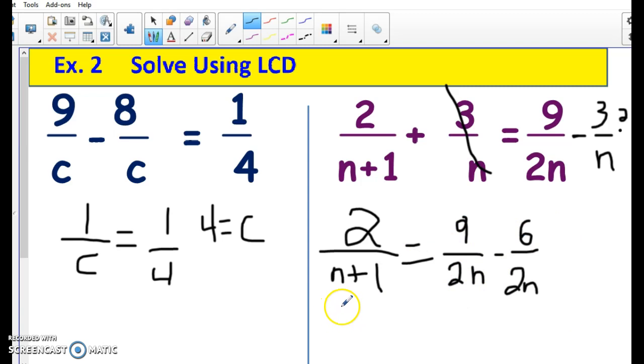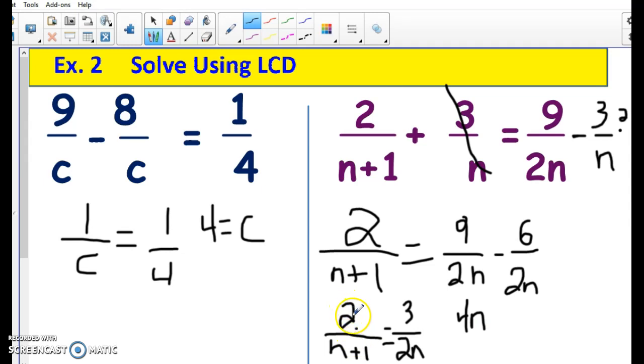So let's solve this one, and I'll kind of show you how they end up being pretty much the same, or how we can go back and check it. So I have n plus 1 here equals, this is 3 over 2n. Okay, so I have 4n once I cross multiply.